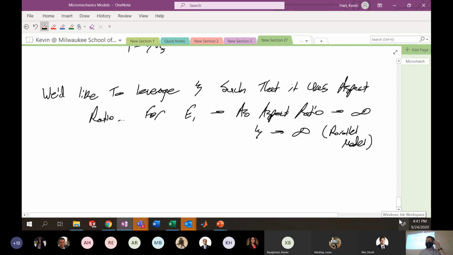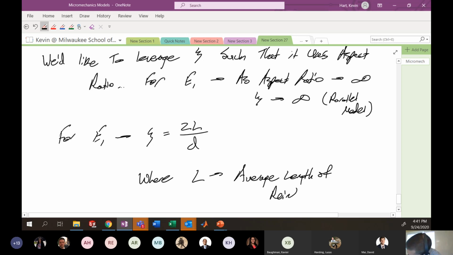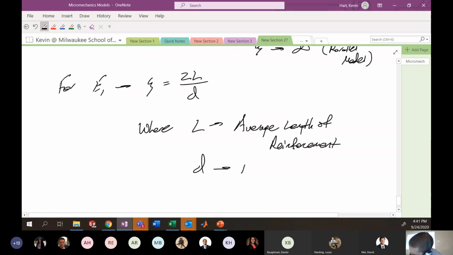The way this is generally accepted, and people have done a lot of experiments to prove this, is that for E1, xi is equal to 2 times the length of the fiber divided by the diameter of the fiber, where L is the average length of the reinforcement and D is the diameter of the reinforcement.